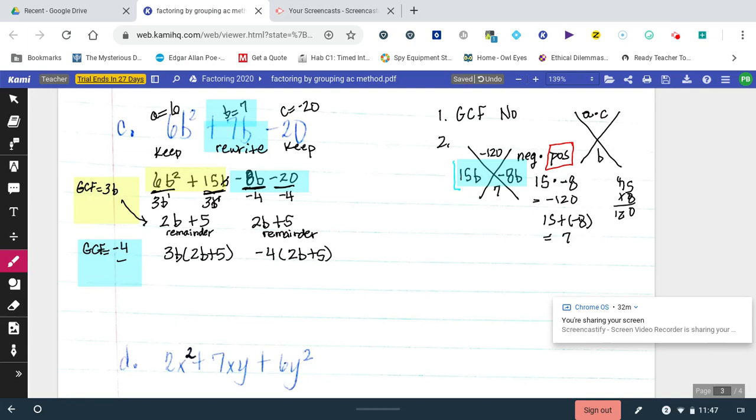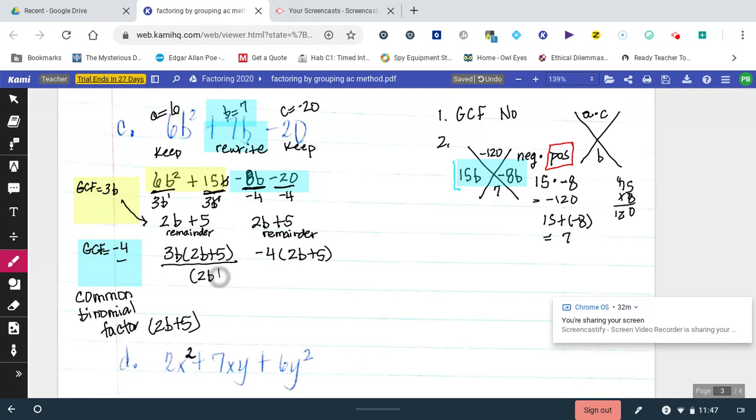And then I should see a common binomial factor. The common binomial factor is 2b plus 5. Excuse me. So I'm going to divide each by 2b plus 5.